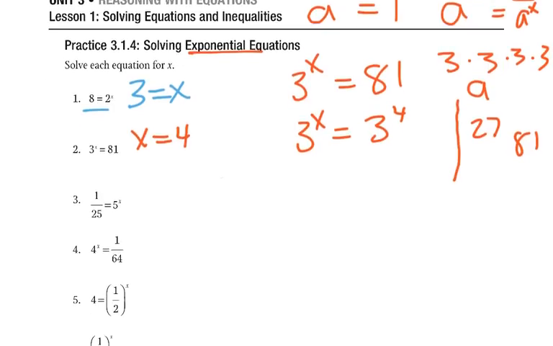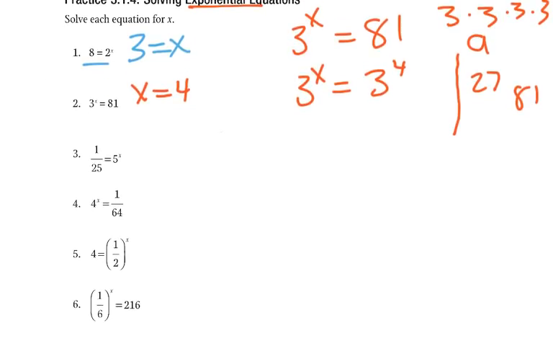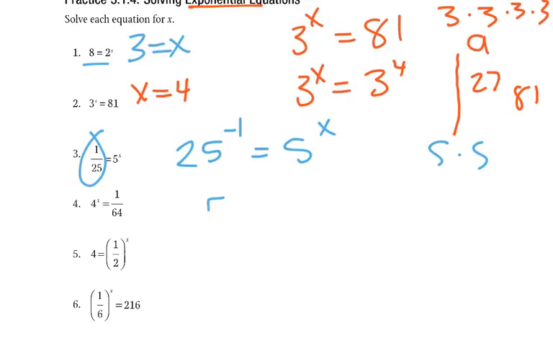Now number 3, that's like 25 to the negative 1 equals 5 to the x. Well, 25 is just 5 times 5, right? So it's really 5 to the negative 2 equals 5 to the x, so negative 2 equals x. There's our answer.